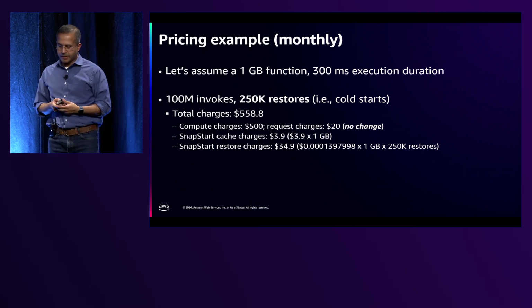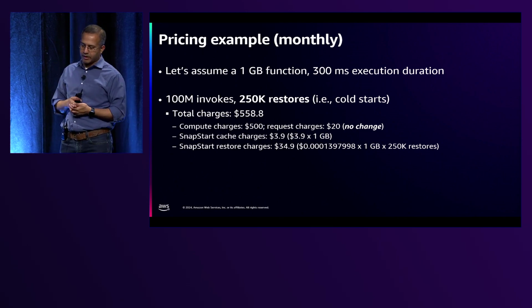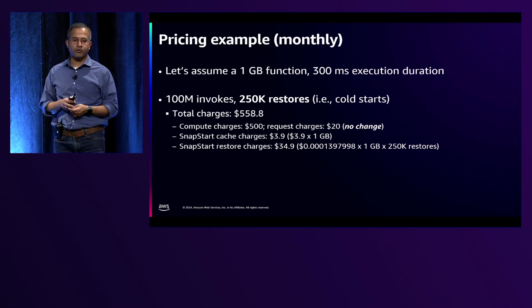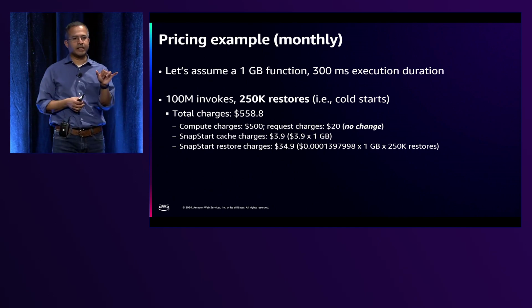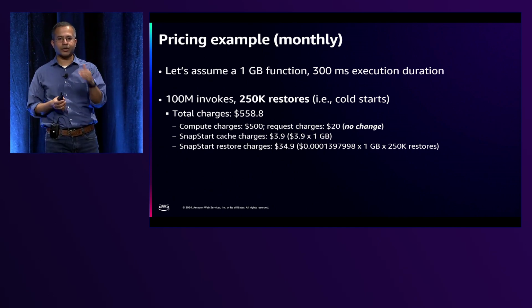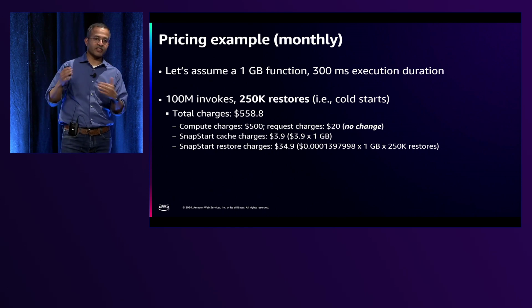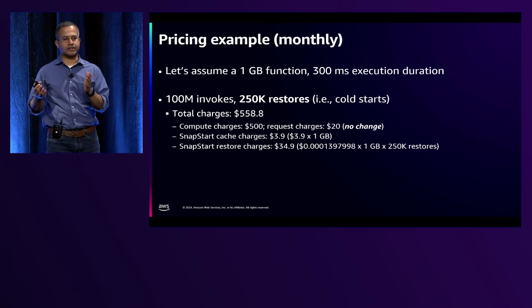And then something to keep in mind would be the list versions by function API. That is an existing API, but using it, you can tell which function versions have SnapStart enabled for the purpose of tracking.